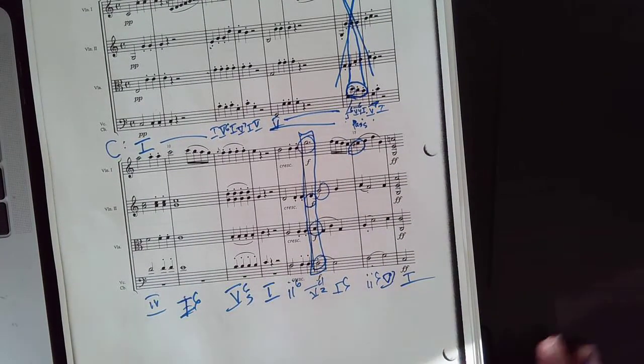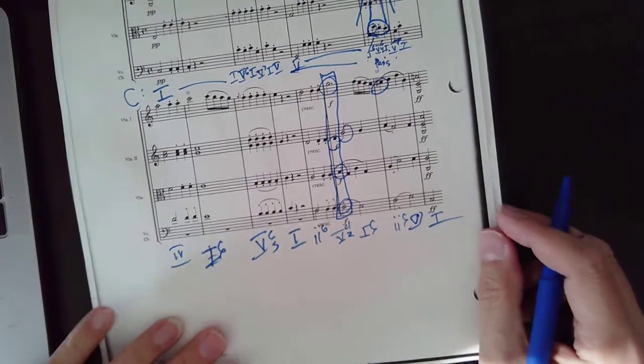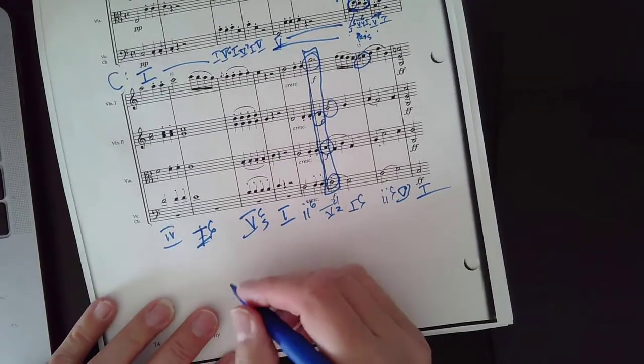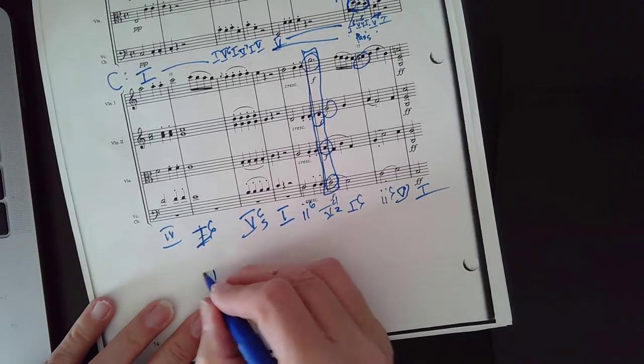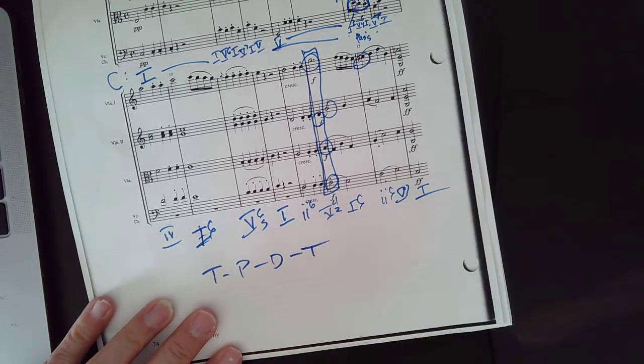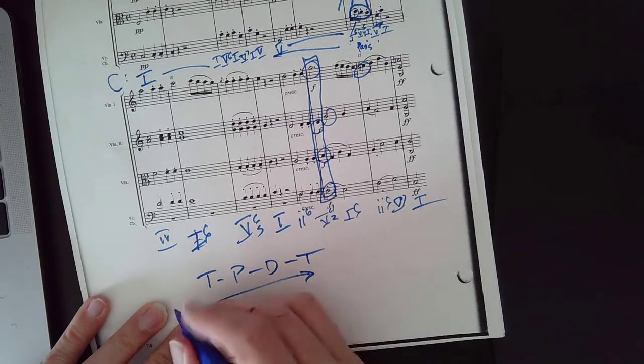Okay, I want to talk just a second about basic chord progression, primarily a functional model, okay? And a functional model can be tonic, predominant, dominant, tonic. And think of this as flowing in this direction, okay?